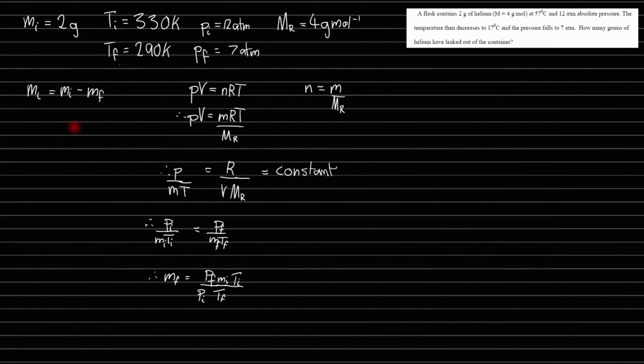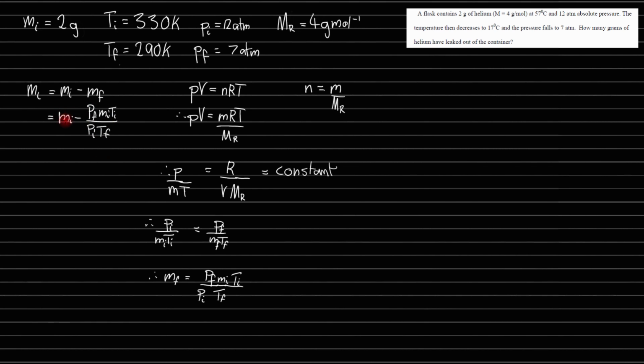Okay then, so we can substitute this equation that we've just shown into our main one up here. So we have the mass initial subtracted by this term, the pressure final times the mass initial times temperature initial over pressure initial times temperature final.